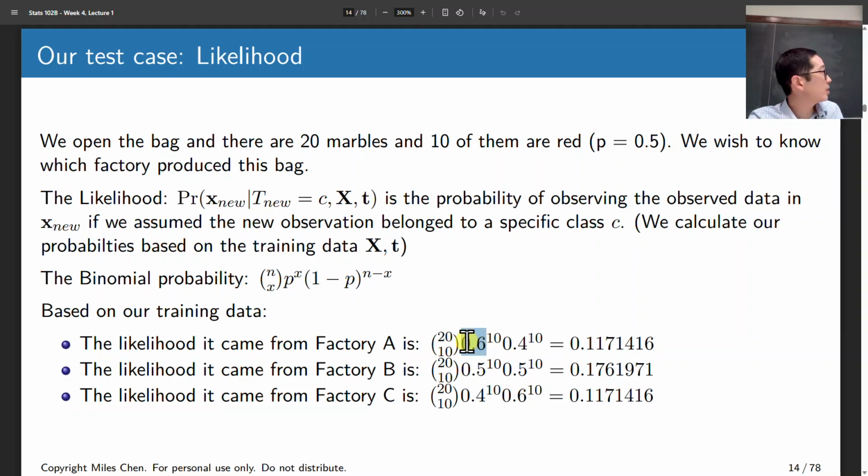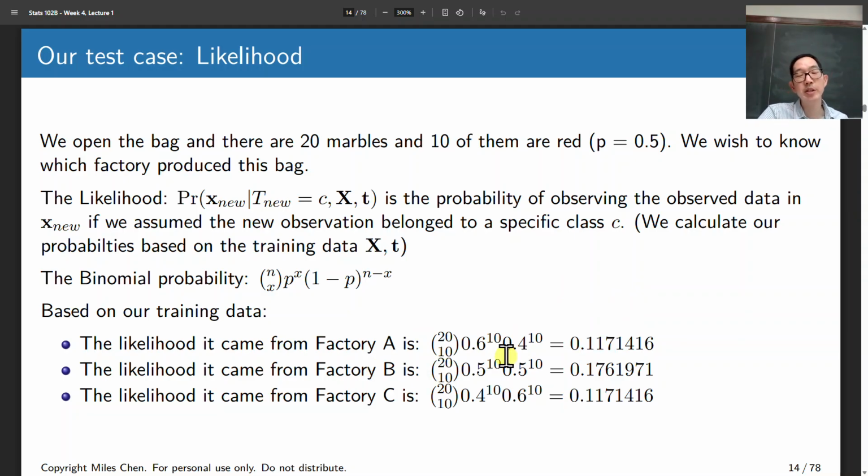The probability of getting red is 60%. We got 10 red marbles. Probability of getting blue is 40%, and we had 10 blue marbles, okay? So it's going to be 20 choose 10, 0.6 to the 10, 0.4 to the 10, and we get a likelihood of 0.117, okay?